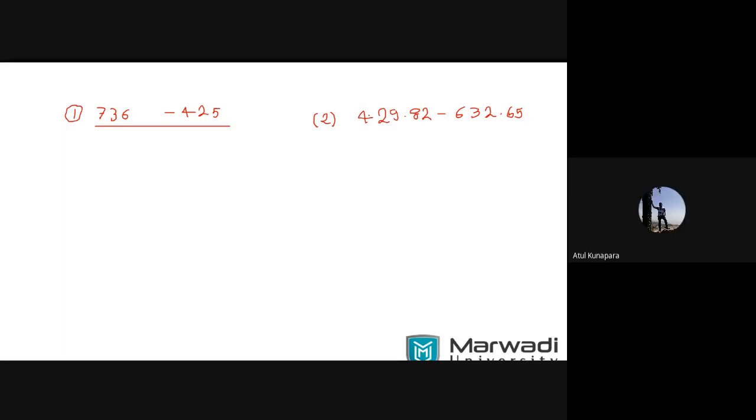When you performed this addition, 2 plus 4 is 6, then 8 plus 3 is 11, and you got 797.16, right? But have you got a carry at the last? Is this answer correct? 797.16.